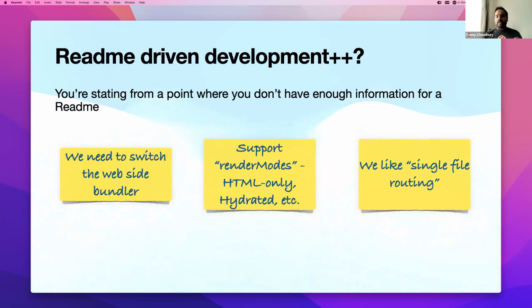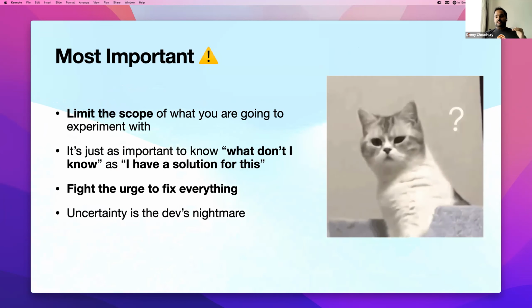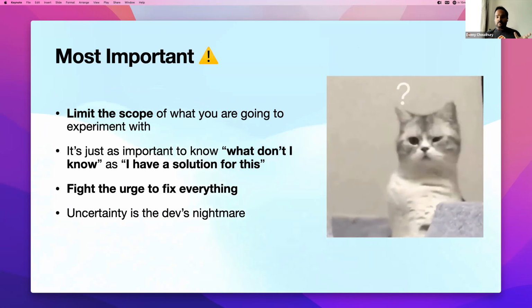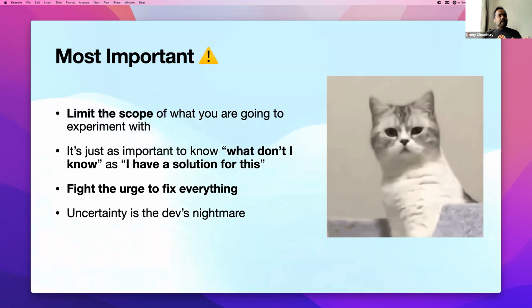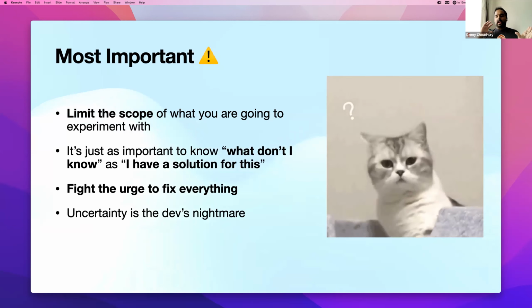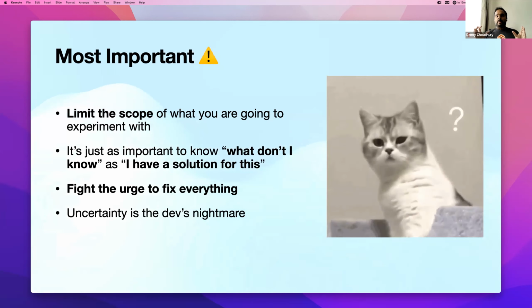So when you have a problem like this, how do you deal with it? The first thing when you have such a broad problem is that you want to limit the scope of what you're going to experiment with. So in my case, we had these two separate problems. We need to swap the bundler and we need to do SSR.